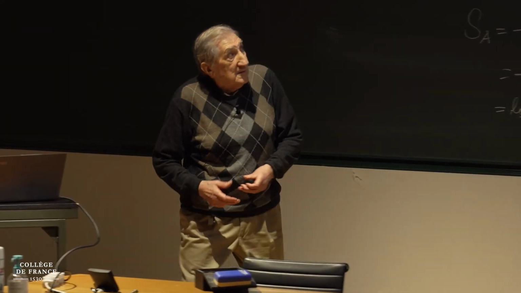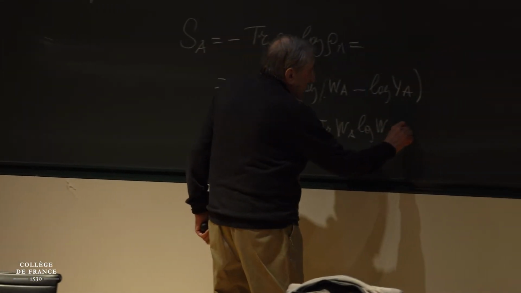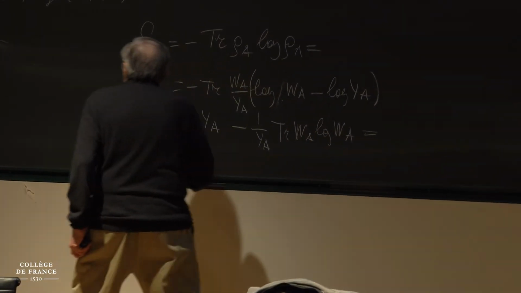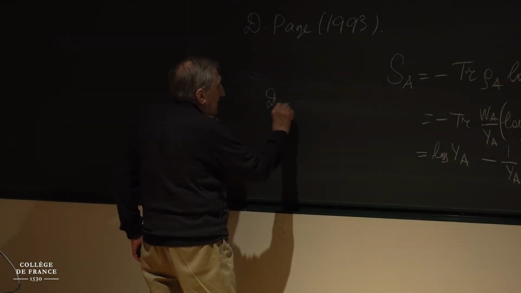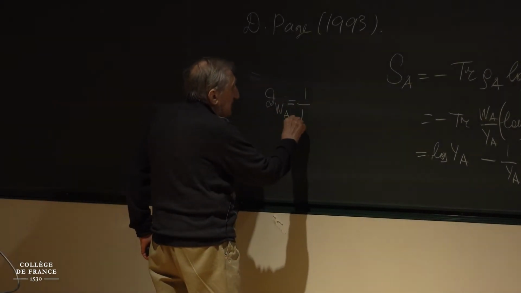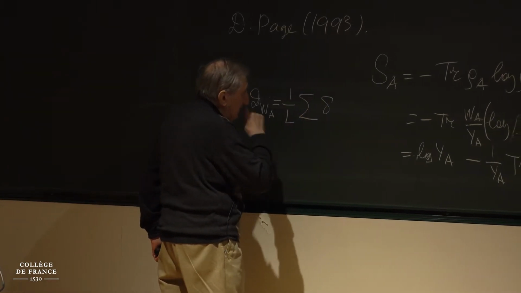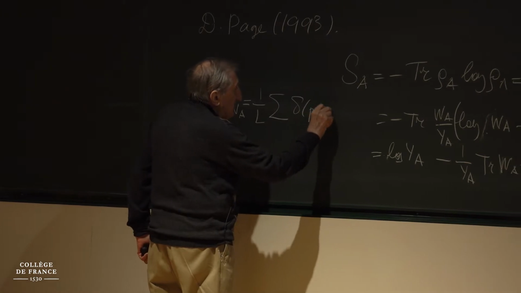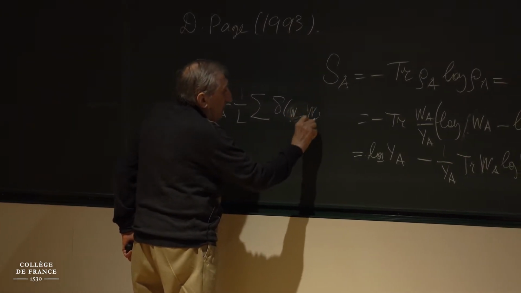Now, and one more, if I introduce here density of states of W, so what is it? It is just 1 over L, the sum delta function of P minus P W minus W alpha.